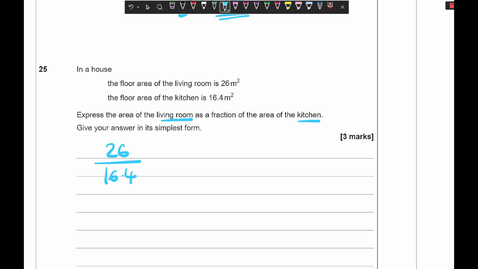Now with this, we don't want decimals in there. So to convert this, what we can do is multiply both numbers by 10. So that gives me 260 over 164. Then what we want to do is simplify, so we can see they're both even. So if I halve both numbers, I get 130 over 82, in which I can simplify that further.